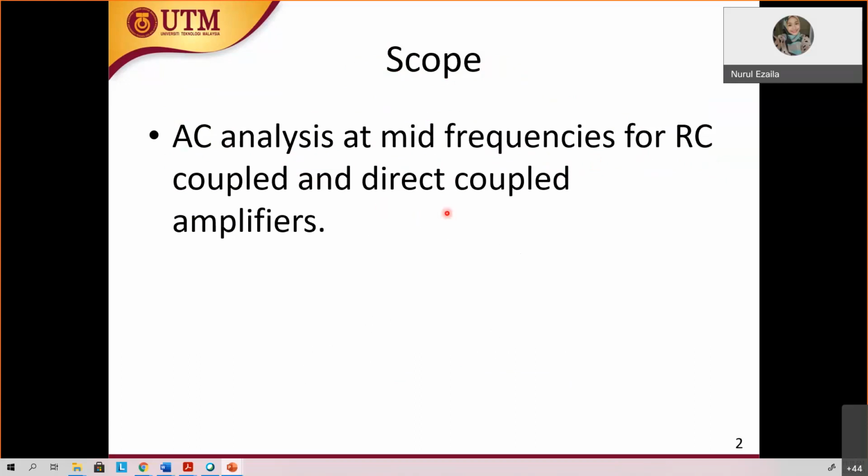Since you want to combine one BJT amplifier with another, or one MOSFET amplifier with another, there are two ways to combine them. The first is RC couple, connecting the two using resistor and capacitor. The other is connecting the two transistor amplifiers by direct couple: no resistor, no capacitor, just a wire.